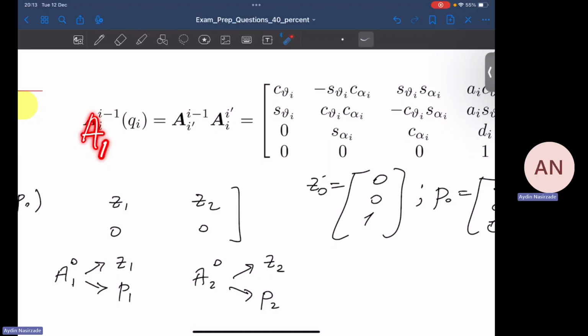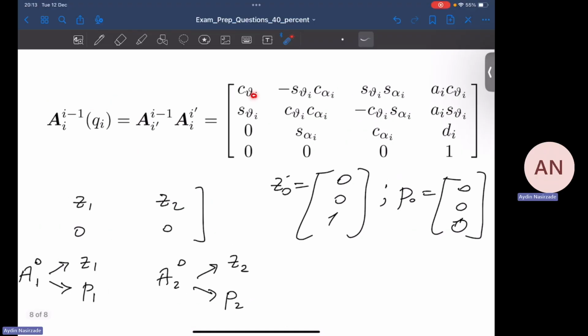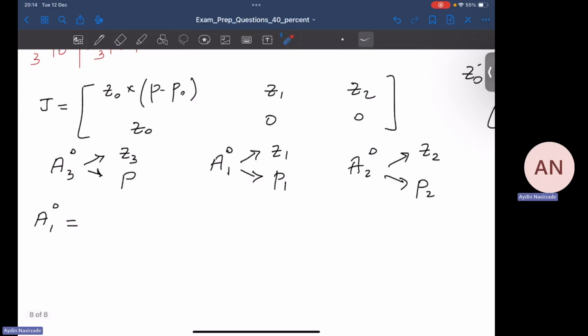So A1 to 0 equals, instead of theta I, you know, theta 1, cosine of theta 1, sine of theta 1, and so on. See that? That's it. All you have to do is to use the first row of the DH parameter table.